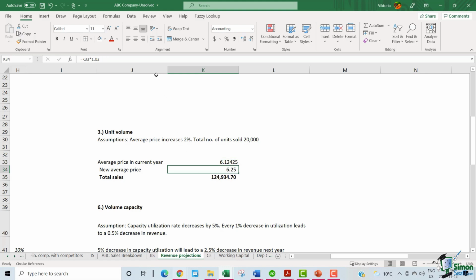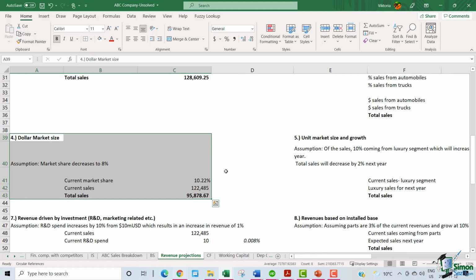So the new average price is simply the old average price times the 2% growth rate. We arrive at the new average price of $6.25. For the total sales, we simply multiply the new average price times the total number of units sold, which in this case is 20,000. And we arrive at the total sales figure of $124,934.7.